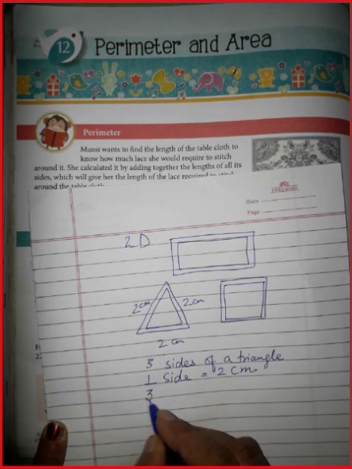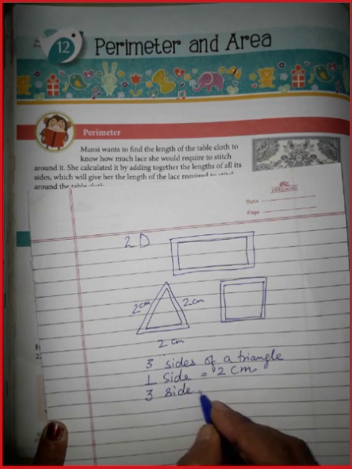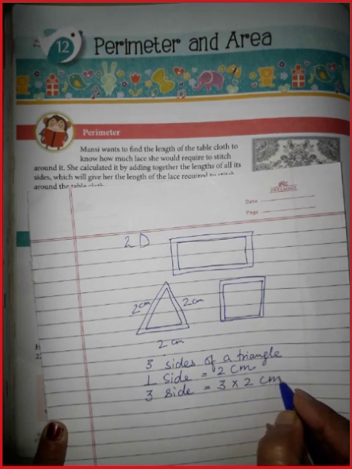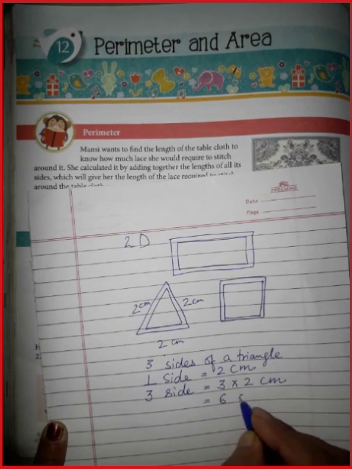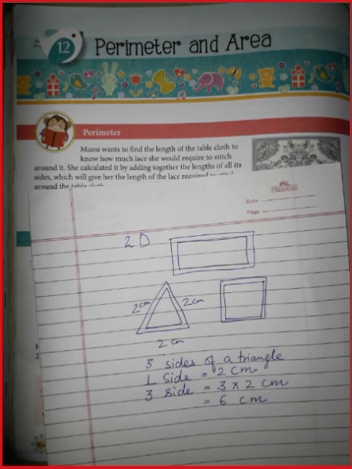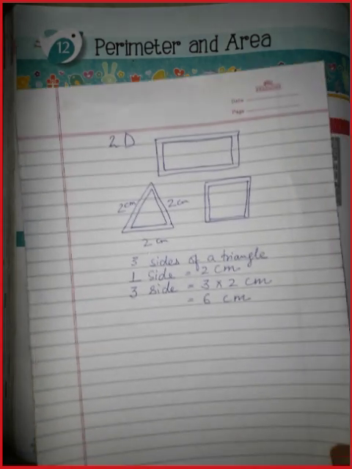Then what will be of three sides? 3 sides is equal to 3 multiply 2 cm. Answer will be 6 cm. For equilateral triangle, if the triangle has equal sides, remember this, then what we shall do? We shall multiply it by 3.